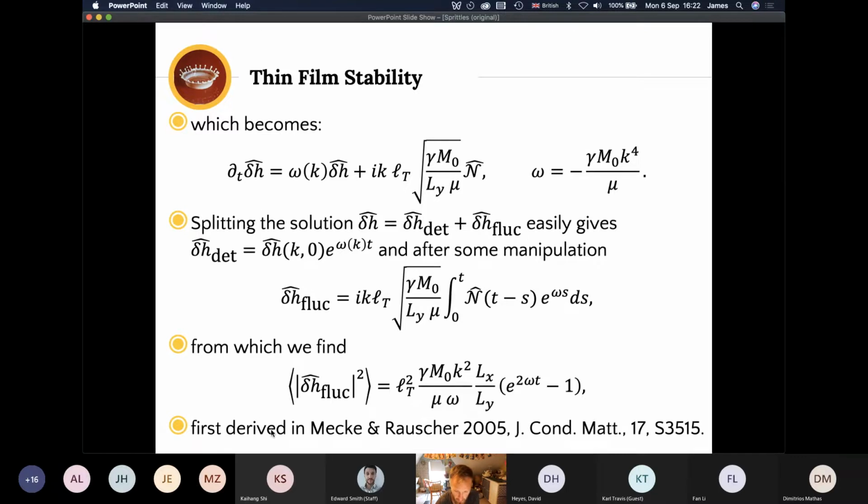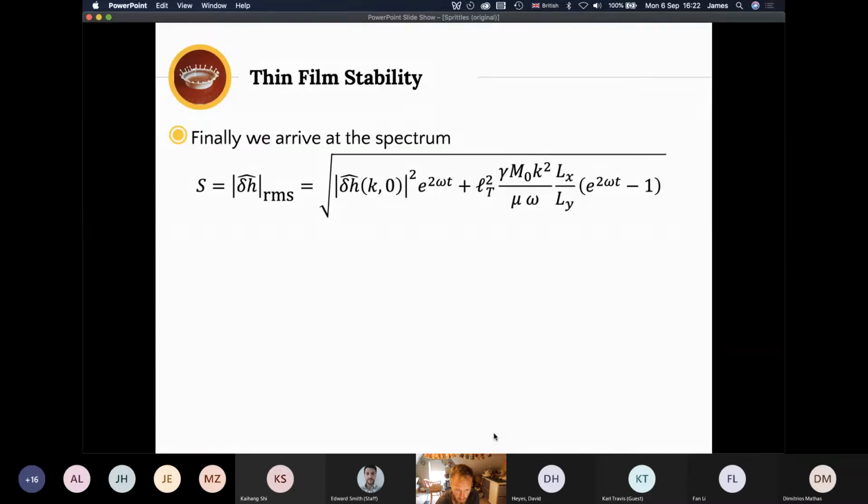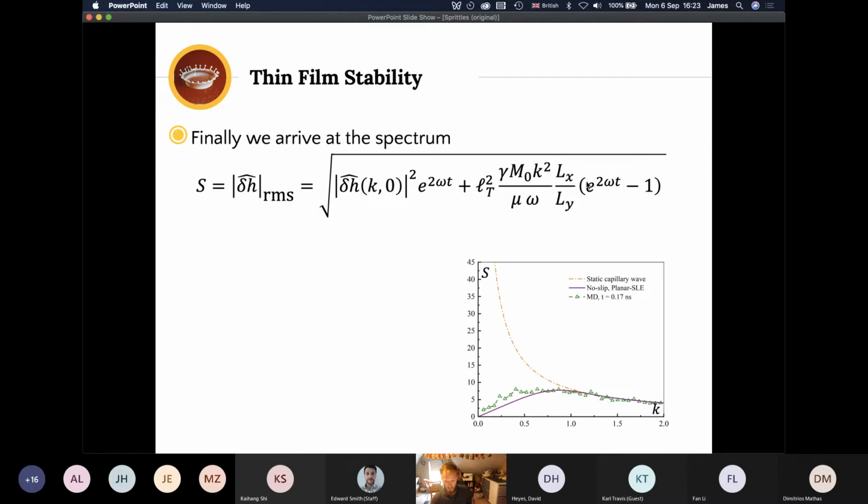This was first done by Mecke and Rauscher in 2005. The development of these waves is a function of wave number, or wavelength, and time, and it's analytic. This is the development of the spectrum I showed you from MD earlier, and that is now our theory, showing how the stochastic lubrication equation predicts this development.